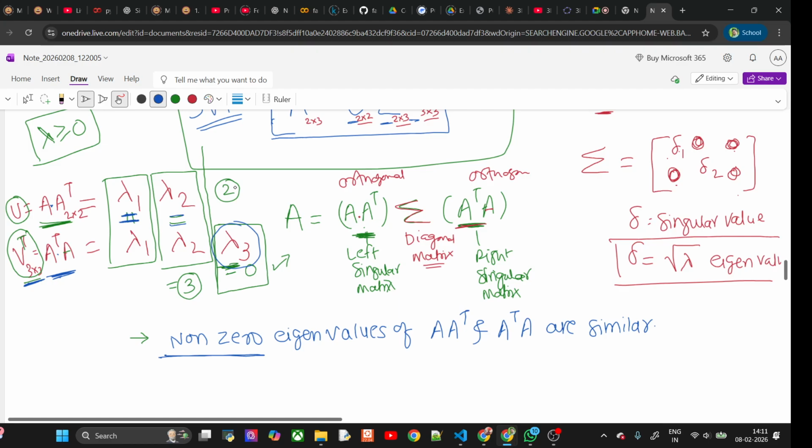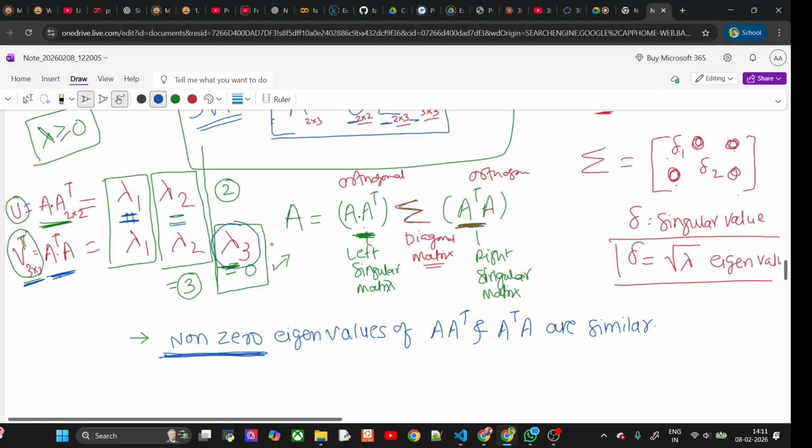The correct answer is that only the non-zero eigenvalues, lambda 1 and lambda 2, of A into A transpose and A transpose A are similar. This is the important point you should remember. And how did we get that?